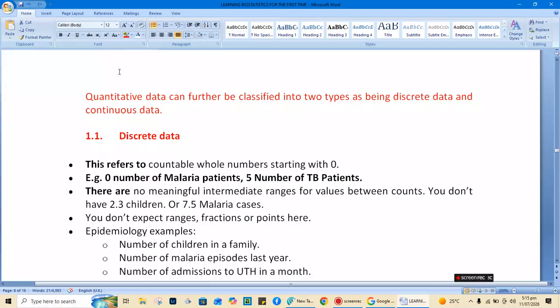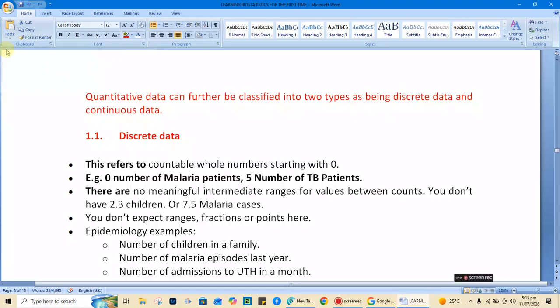You can ask them, so how many children? They will tell you maybe 7 children. 7 is discrete data. 8, 10, 16. What have you observed in that? It is that these numbers are whole numbers and there is no range in between them. They are not decimal numbers, or in fraction form. So such data that you collect is quantitative data called discrete data.